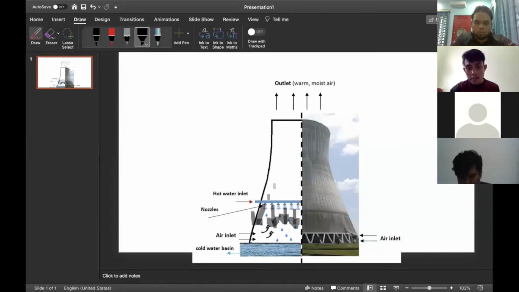Then, when the water moves down to the reservoir, it loses its heat. So when it reaches the bottom of the cooling tower, the water should be at a lower temperature than before. So that's how the cooling tower works.